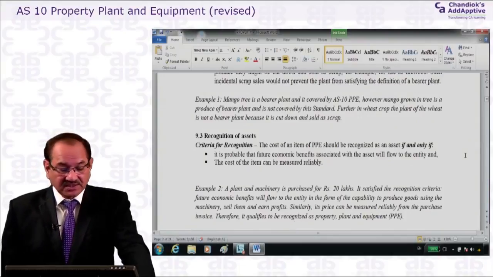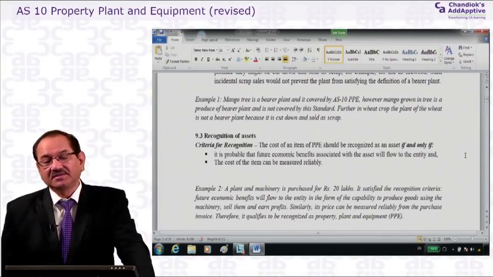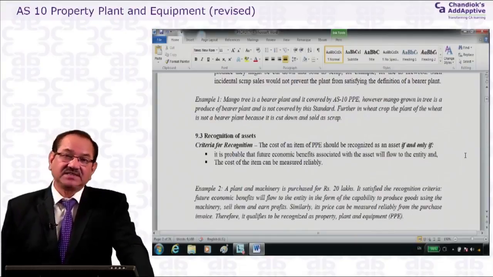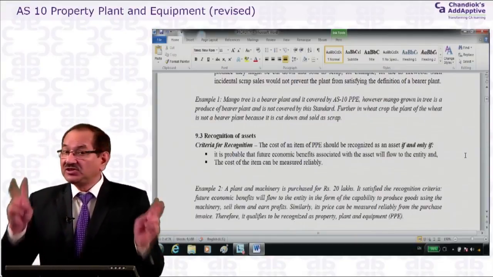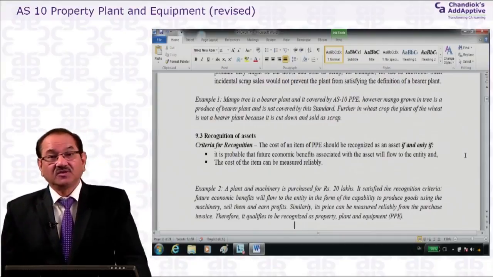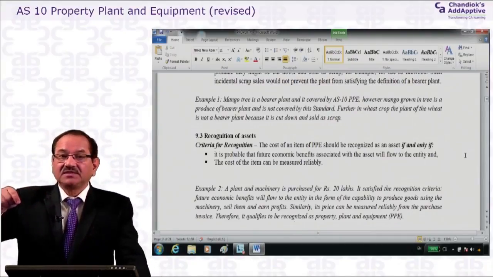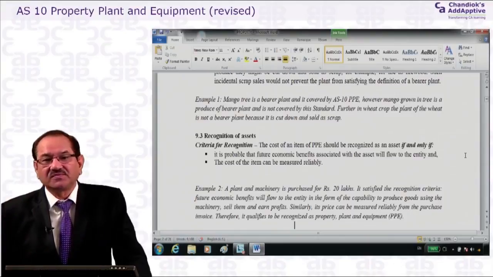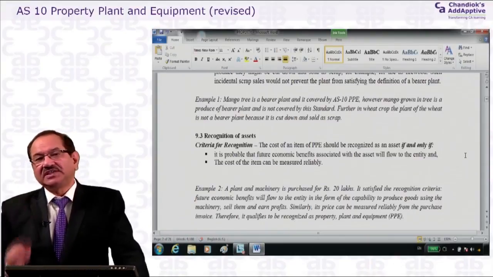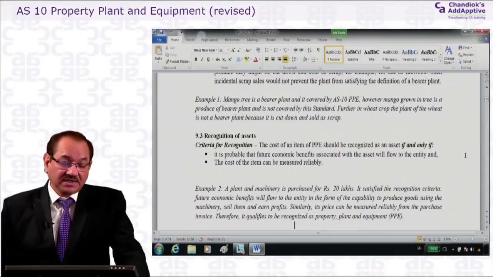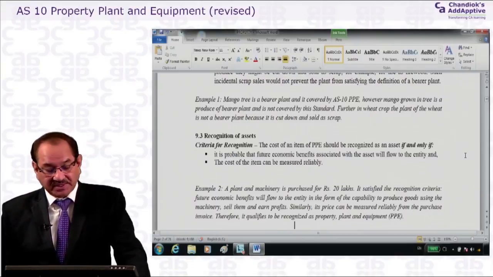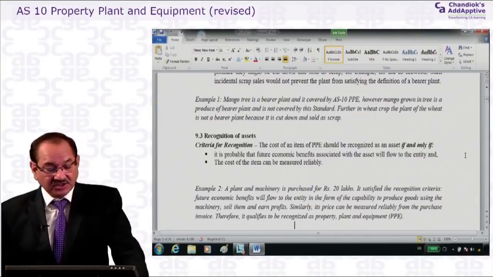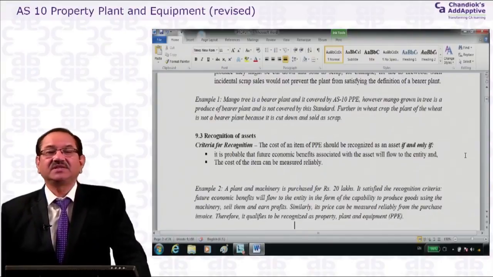The cost of an item of PPE, property, plant and equipment, should be recognized as an asset if and only if these two conditions are satisfied, for writing the property, plant and equipment in your books of accounts. What are those conditions? It is probable that future economic benefit associated with the asset will flow to the entity, and the cost of the item can be measured reliably.